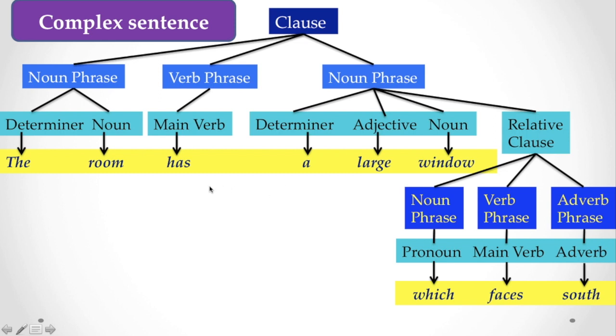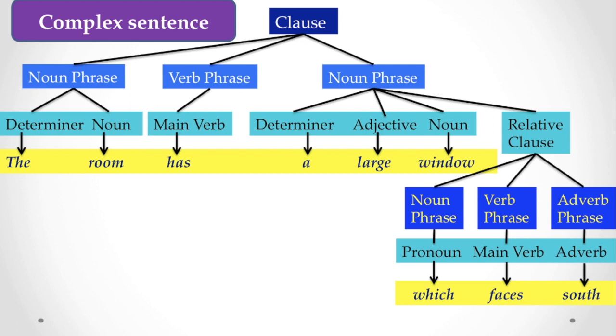We find one main clause, that is, the room has a large window, and here you find a noun phrase, verb phrase and noun phrase, etc., because I put that here to let you know what a relative clause is, because a subordinate clause may be divided into 3 or 4 subcategories, that is noun clause, relative clause or adjective clause, adverbial clause and comparative clause.